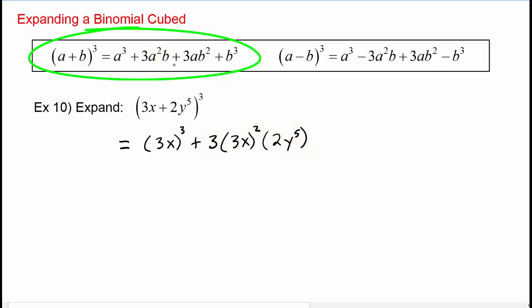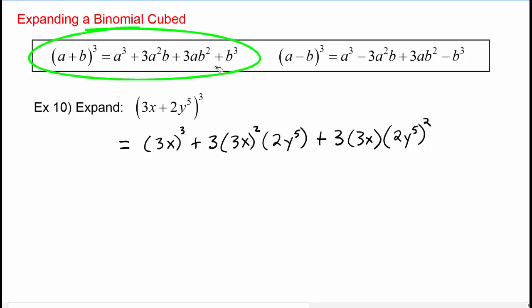Then we have to add 3 times the first term, 3x, times the second term squared, so that will be quantity 2y to the fifth squared.